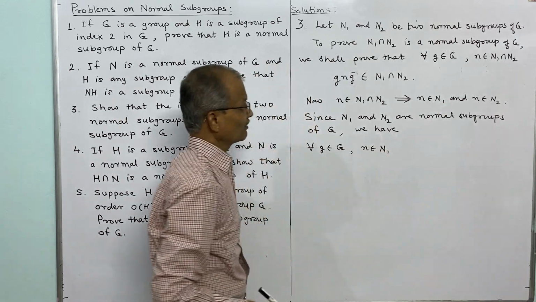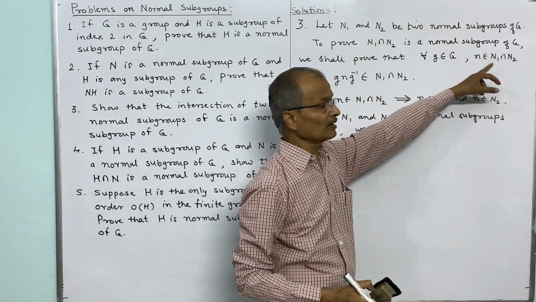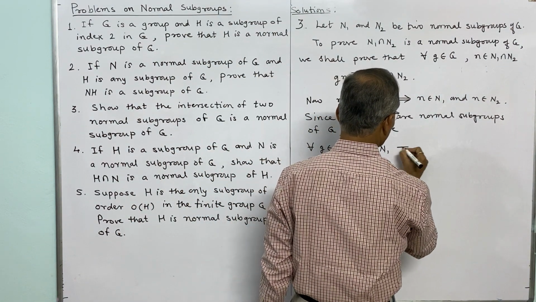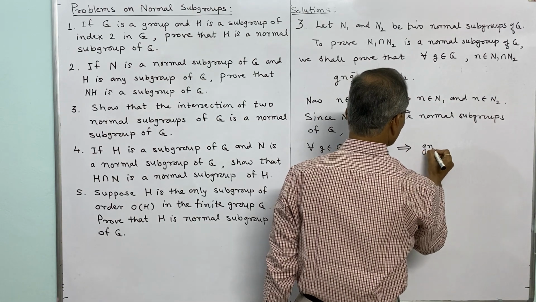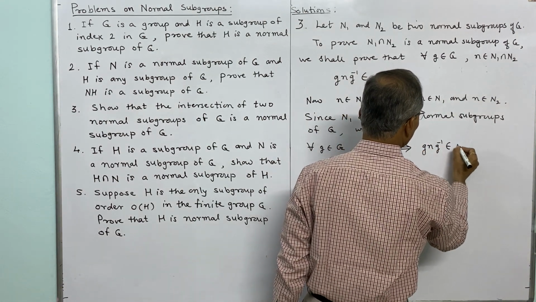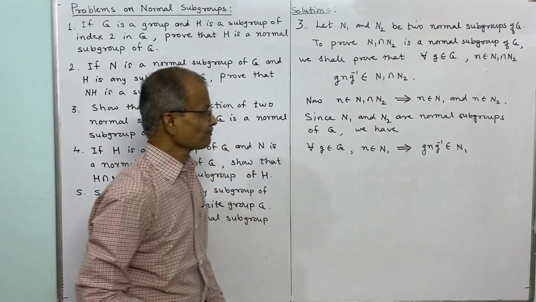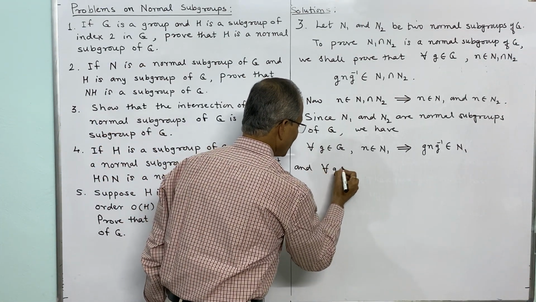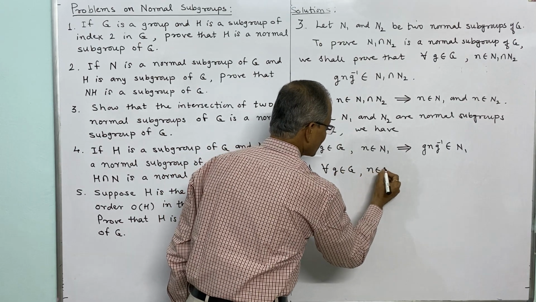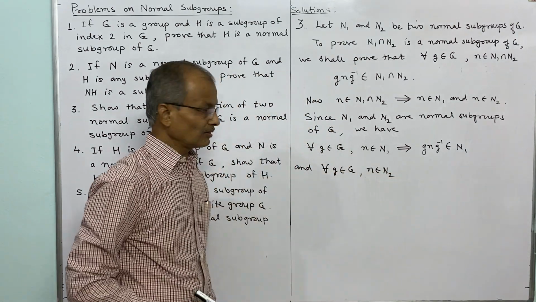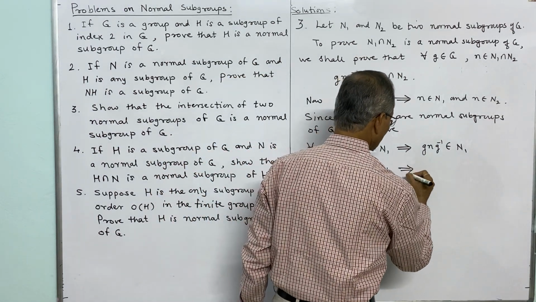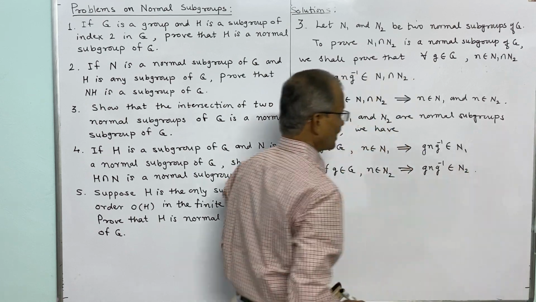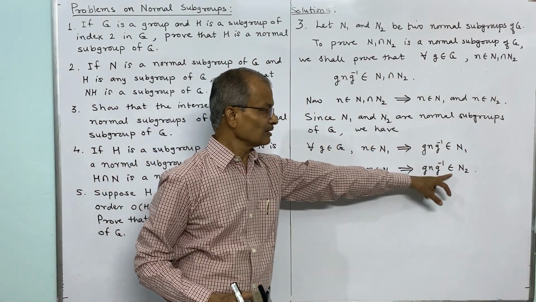See, n is in N1, we assume n is in the intersection of N1 and N2. This implies g n g inverse belongs to N1 because N1 is normal, and for all g belongs to G, n belongs to N2. And this will imply, because N2 is normal, g n g inverse belongs to N2, and thus g n g inverse is in the intersection.